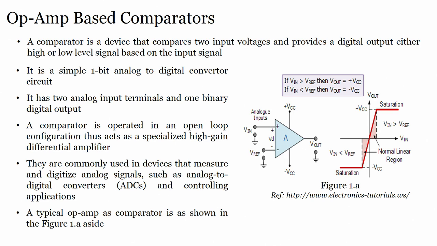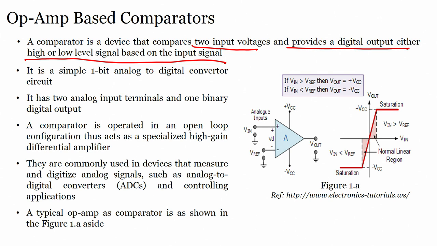A comparator is a device that compares two input voltages and provides a digital output, either a high or low signal, based on the input signal. What does that mean? It will compare. It is very easy. If I give you two signals and ask which signal is high and which is low, you can use the comparator and tell which one is high and which one is low.